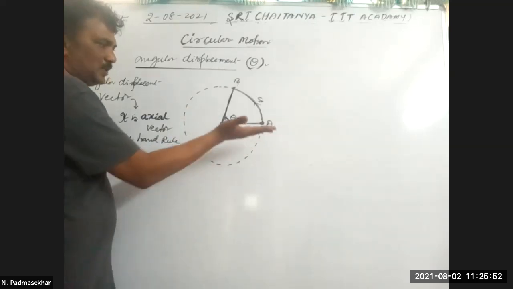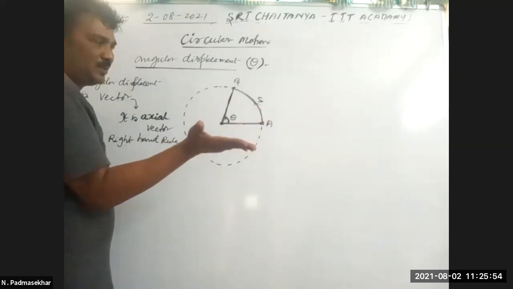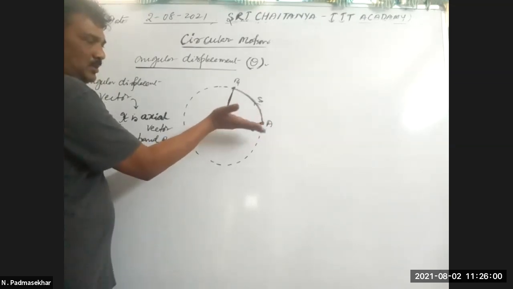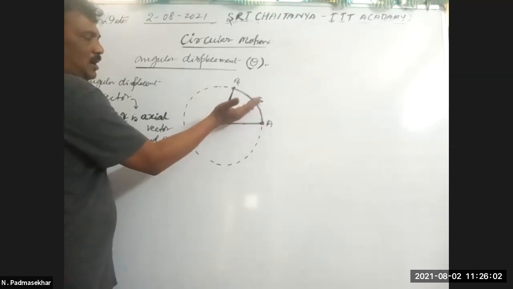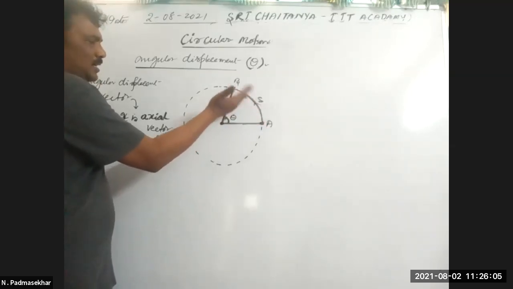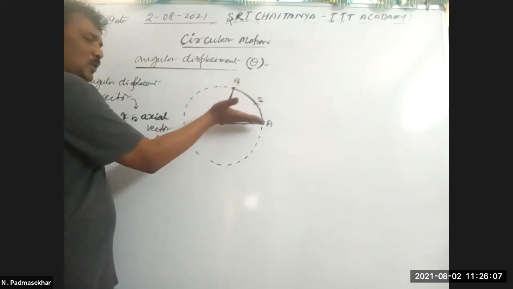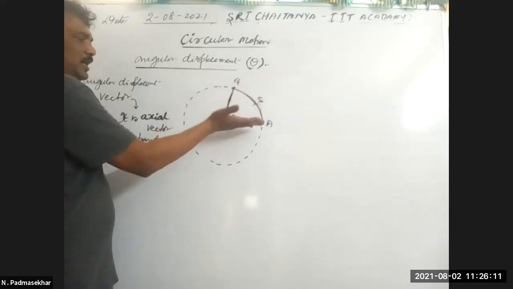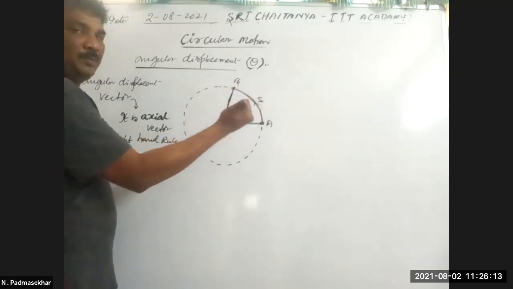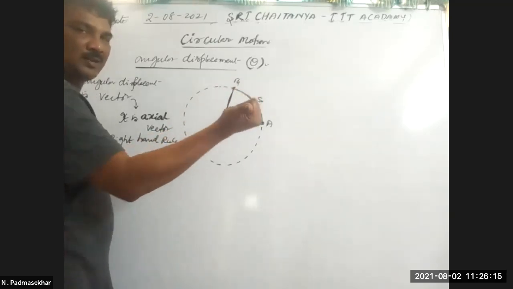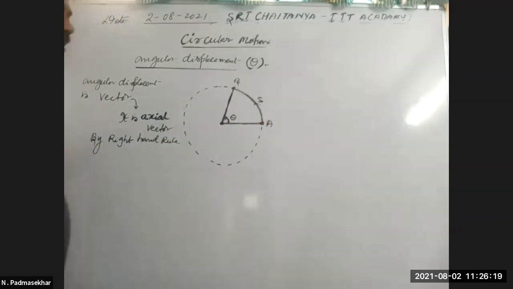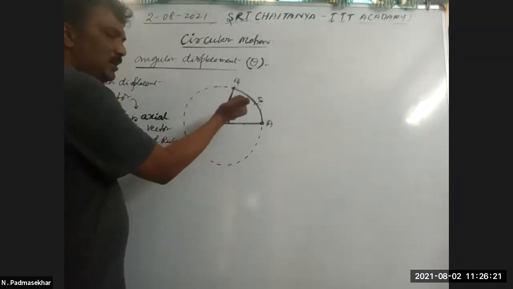Keep all four fingers at the initial point and rotate the four fingers towards the final point, like this. Ante ఏ డైరెక్షన్ లో అది వెళ్తుందో ఆ డైరెక్షన్ లో రొటేట్ చేయాలి. ఇలాగదా మూవ్ అవుతుంది, సర్కిల్ తిరుగుతుంది పార్టికల్, ఈ డైరెక్షన్ లో రొటేట్ చేస్తే. Now the thumb indicates the direction of angular displacement.